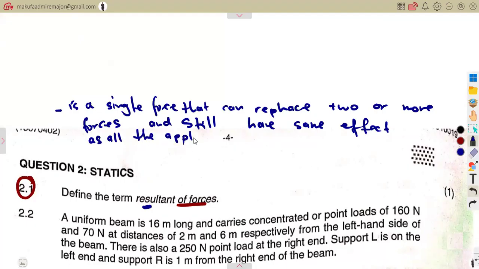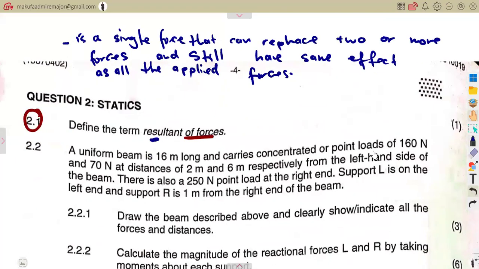All right, so this was what we're given. You can just say your own definition that you understand, guys, okay?